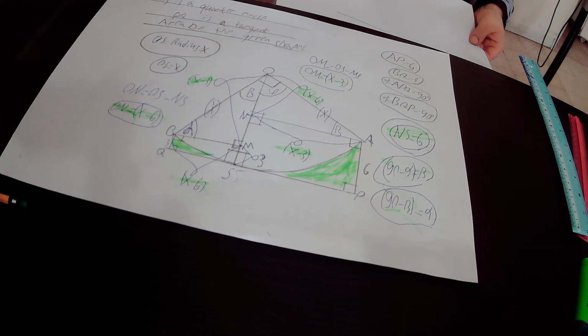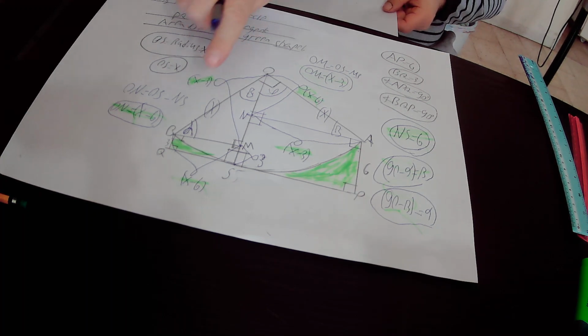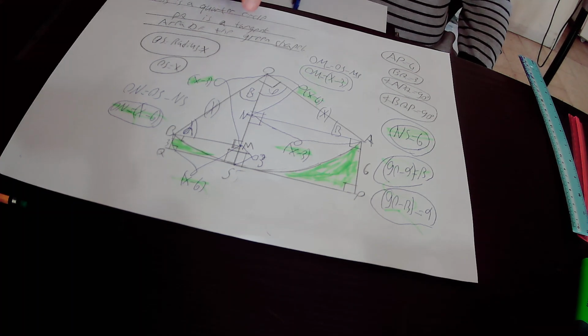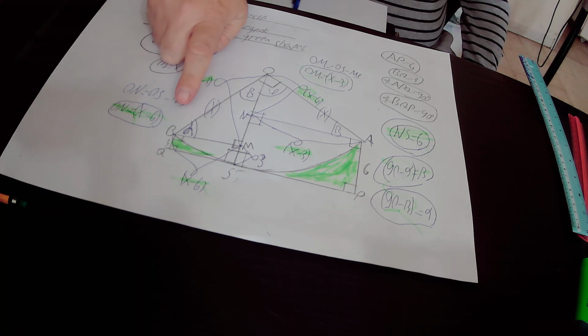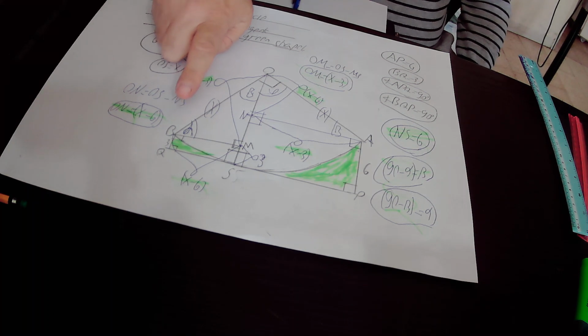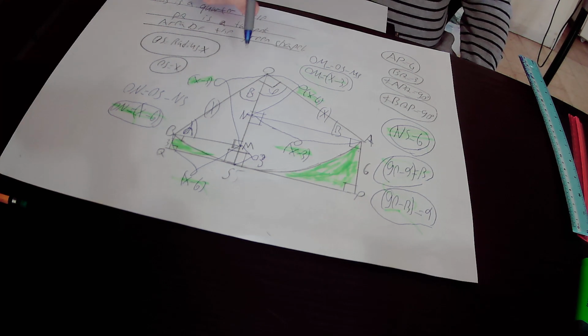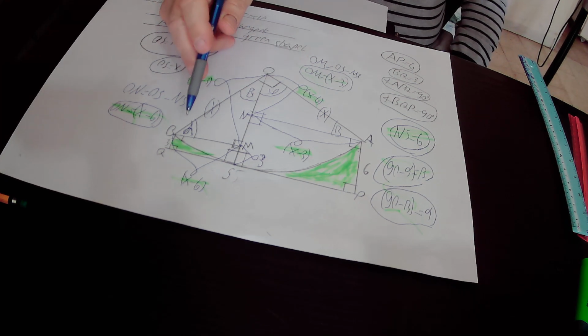So what is the area of trapezoid OBQS? The area of trapezoid OBQS equals the sum of its bases, that is BQ plus OS, times the height. The height is QS.